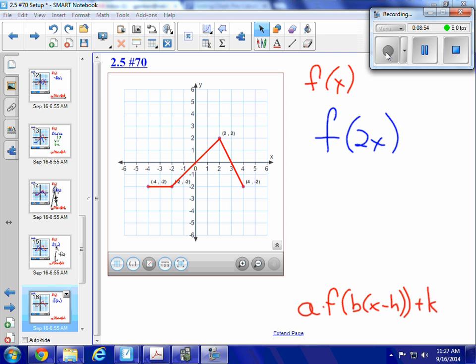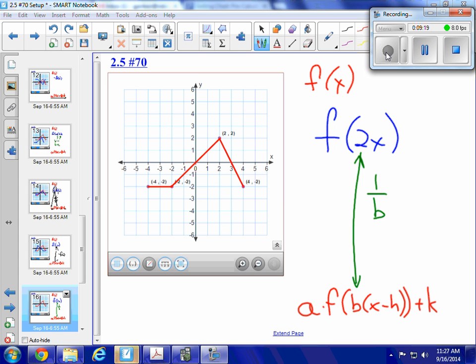This transformation, f of 2x, involves a b, because the 2 is inside the function. And because it's inside the function, it's going to affect the x values, not the y values. But, and this is the tricky one, this affects the x values by a factor of 1 over b.